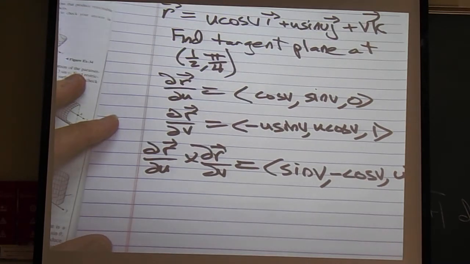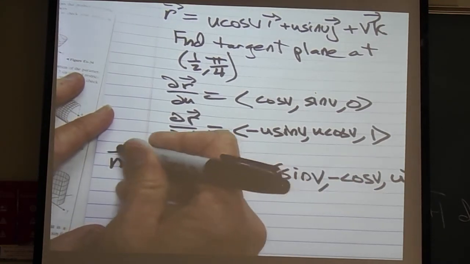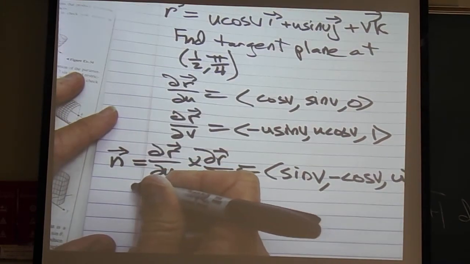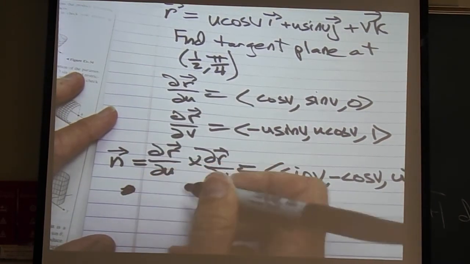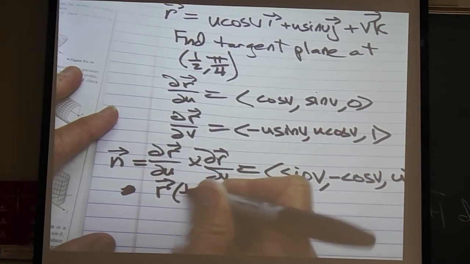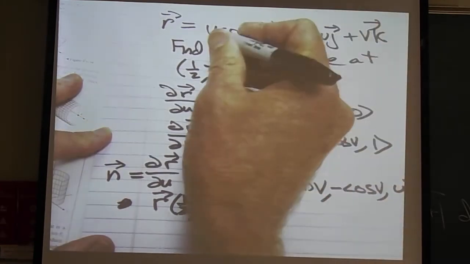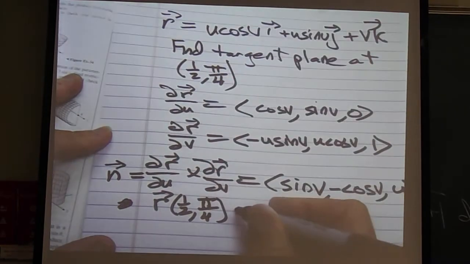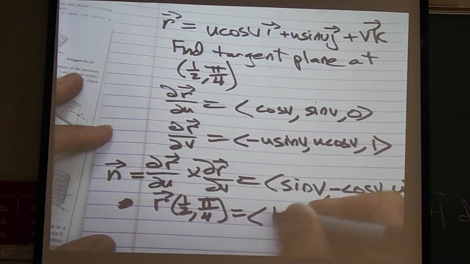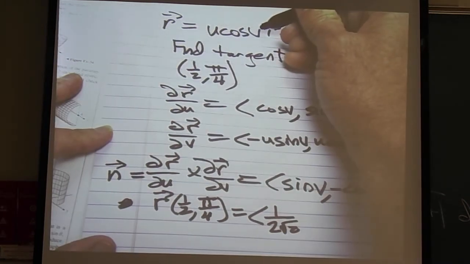Now this is a normal vector. I could call that n or something. It is perpendicular to the surface. Now if I want to find a tangent plane at the point, I simply say r of 1/2, pi over 4, plugging into the original function. 1/2 cosine pi over 4 is 1/2 times 1 over square root 2, which is 1 over 2 square root 2, by plugging in u equals 1/2 and v equals pi over 4.